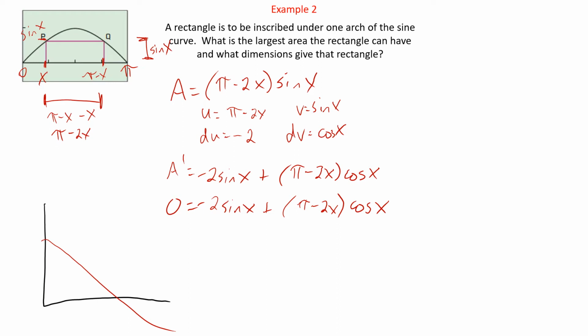Then we find that intercept where it is 0. When you find this, we get that it's about 0.71046.